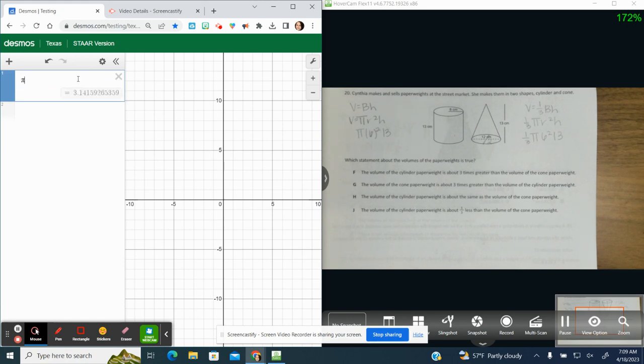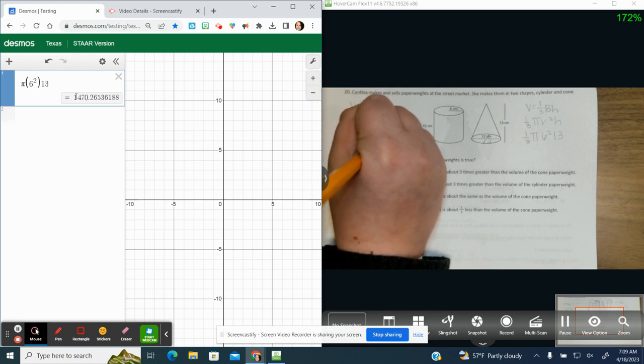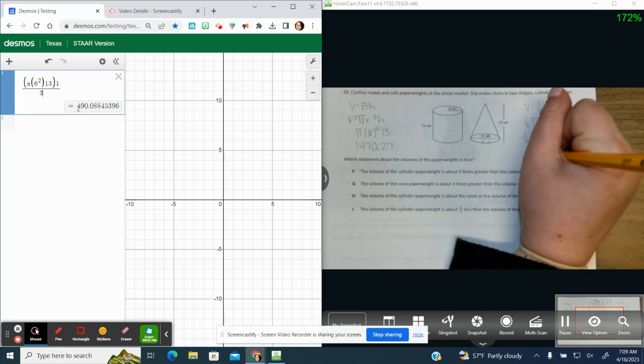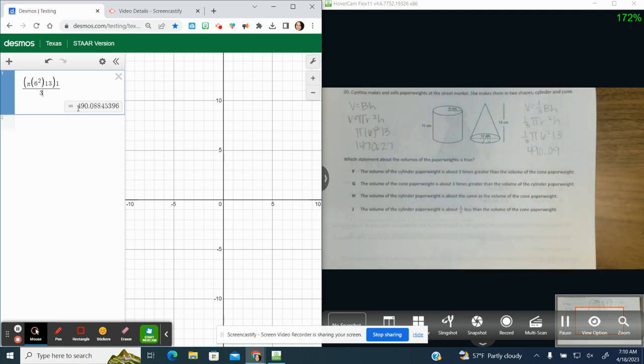Let's see, pi times 6 squared times 13, 1,470.27. We divide this by 3, 490.09. And when we compare them to each other, 490.09 divided by 1,470.27, we get 1/3.